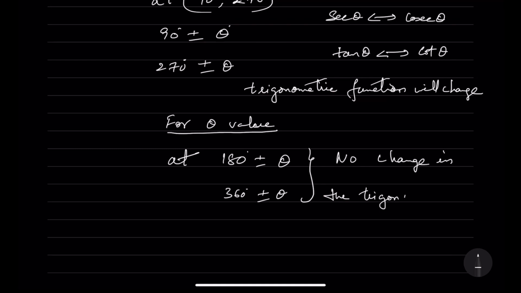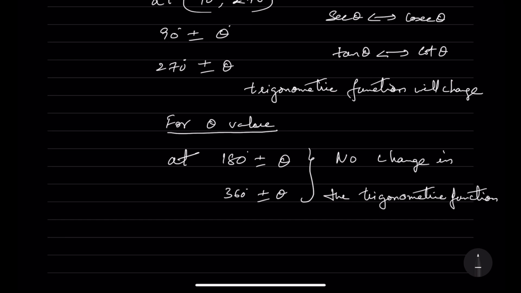That means sin theta will be sin theta itself, cos theta will be cos theta, cosecant theta will be cosecant theta, secant will be secant, tan will be tan, cot will be cot itself. So these are the changes which we can see over here.